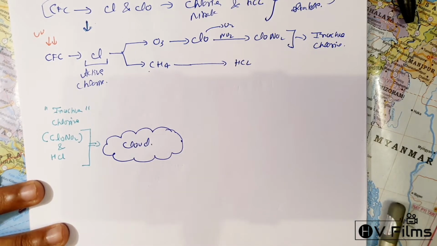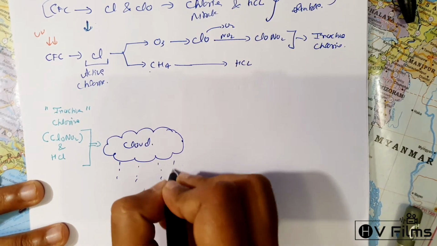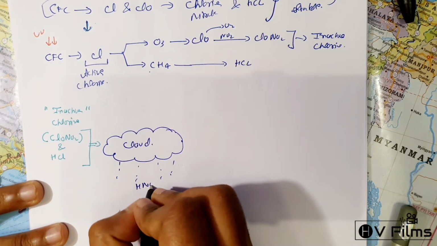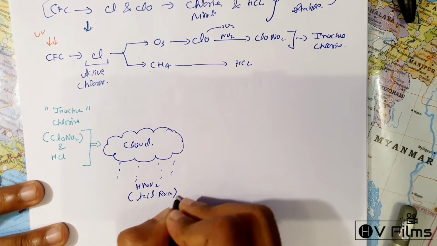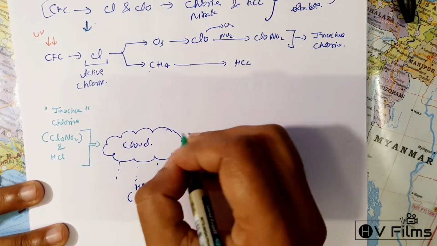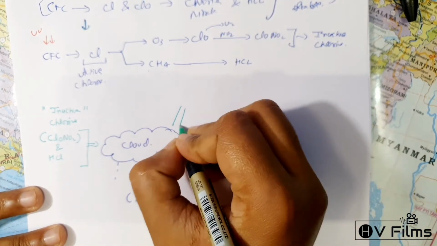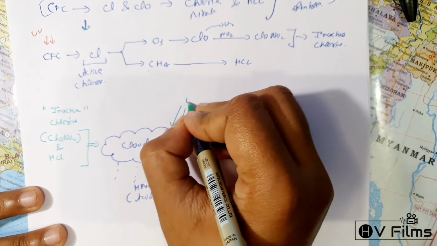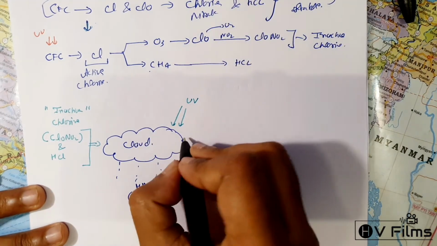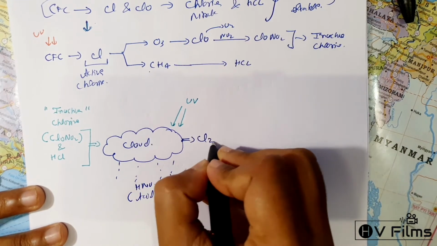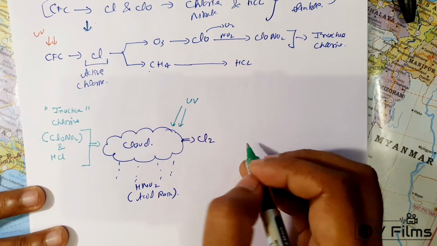Now in this cloud, one of the things is that when it rains, it will result in HNO3, which is the acid rain itself. And the other thing is that when this reacts with the UV, it will result in the formation of Cl2 again, the cycle that we have discussed earlier.